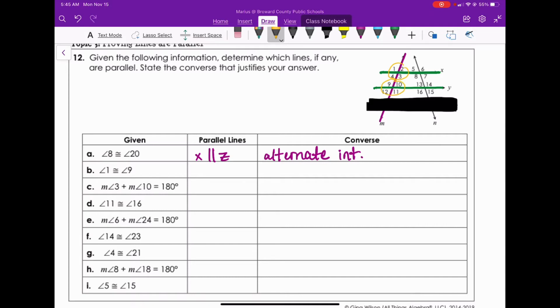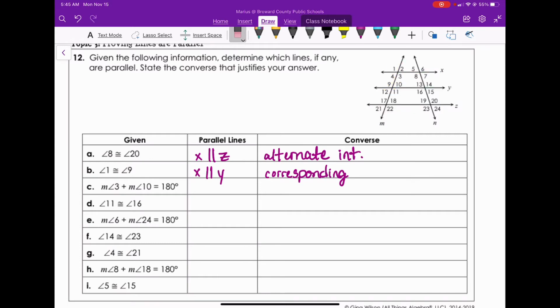Angle 1 and angle 9 are corresponding angles. And the two lines that are parallel are X and Y.